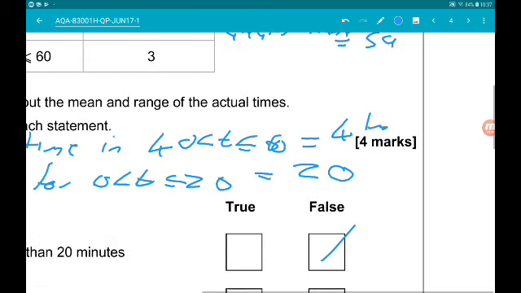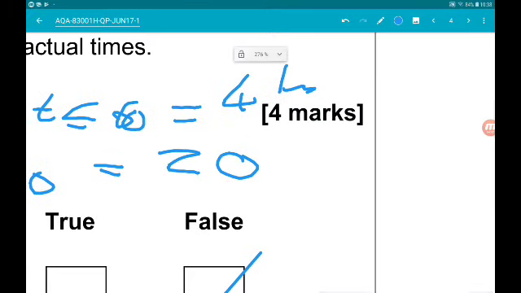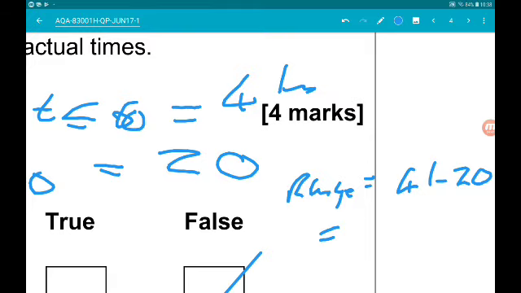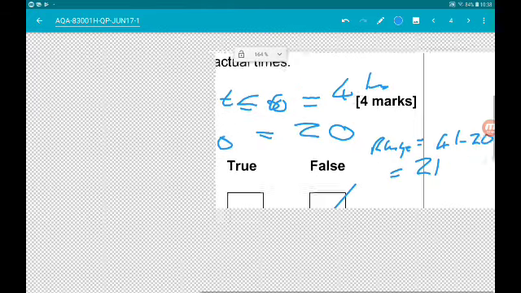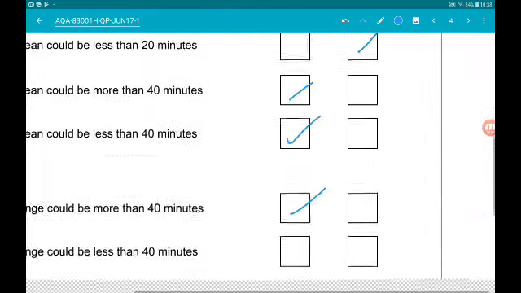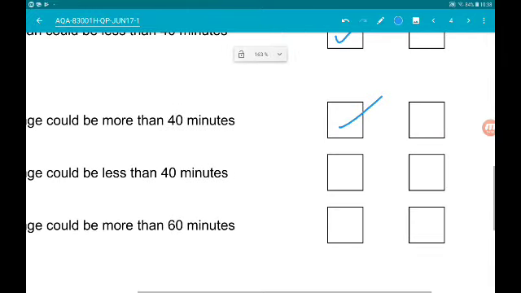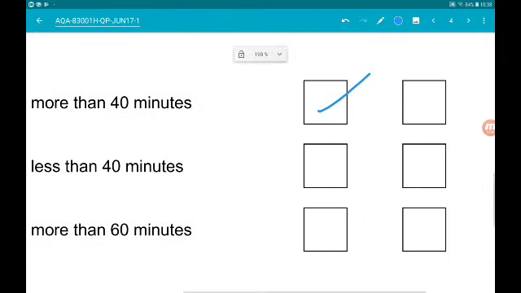So like that, the range would be 41 minus 20, which is 21. So the smallest possible range could be 21 minutes. So that is true.